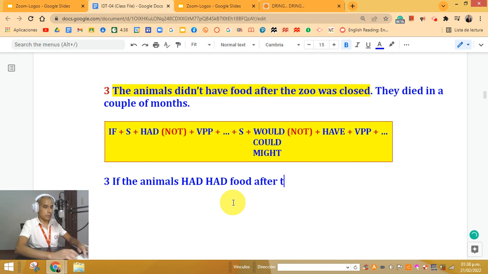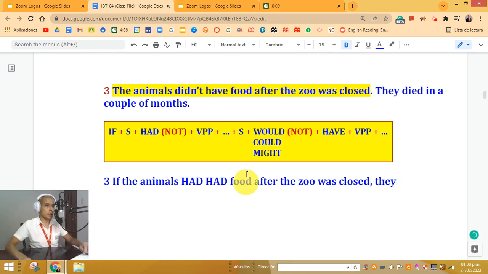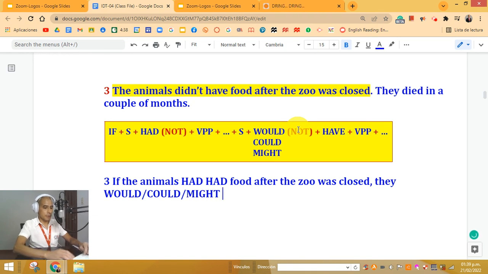Food after the zoo was closed. Comma. I copy the subject. They. So after the subject, what do I need? We have three options. I can use would, I can use could, or I could use might plus have plus the verb in the past participle.